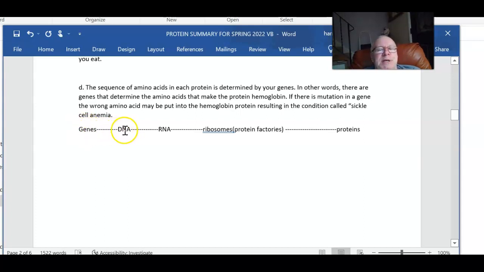This is the chemical that makes up the genes. This DNA makes a compound called RNA, ribonucleic acid. This RNA leaves the nucleus and goes out into what's called the cytoplasm of the cell.